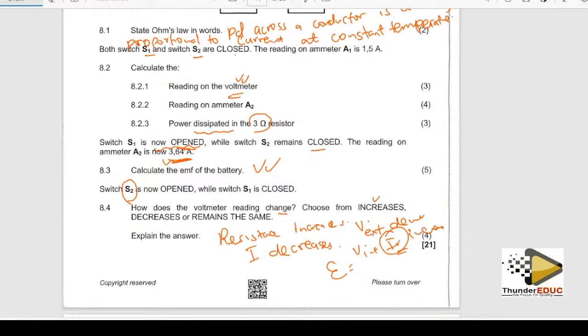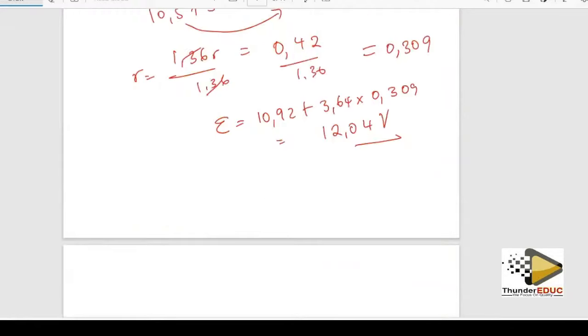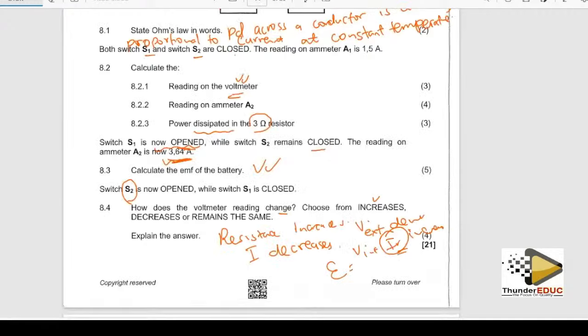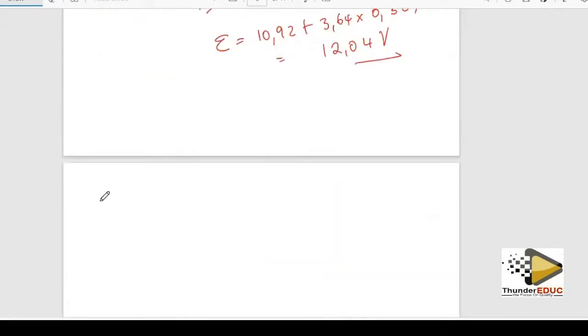Okay, let's answer the question. So we say this is 8.4. So saying it's going to increase.